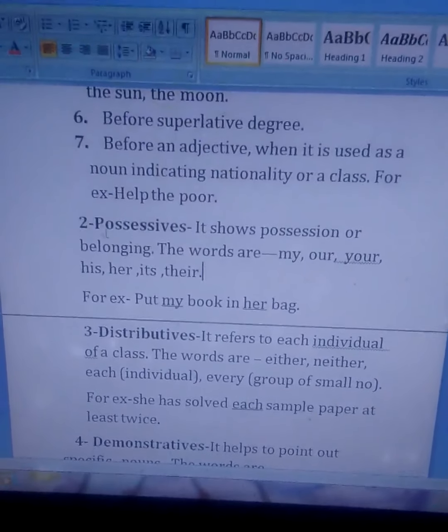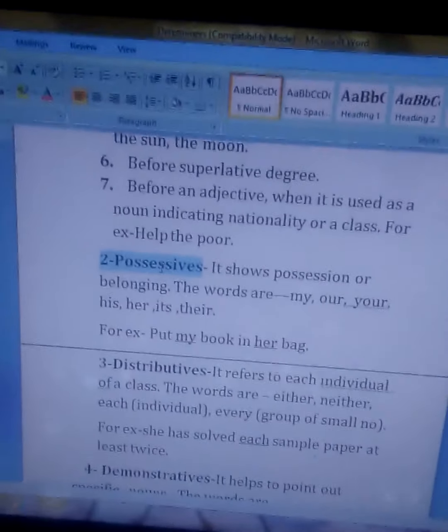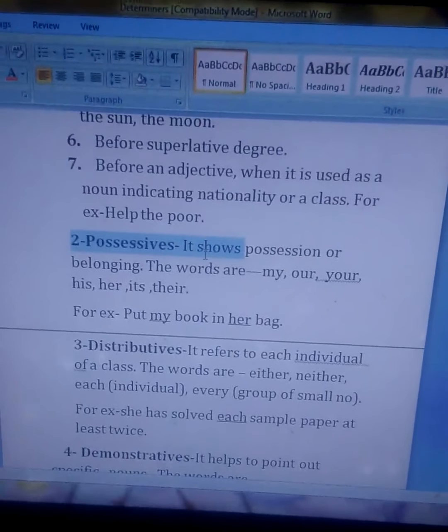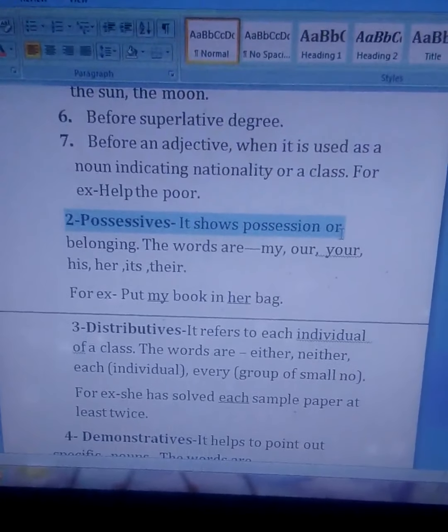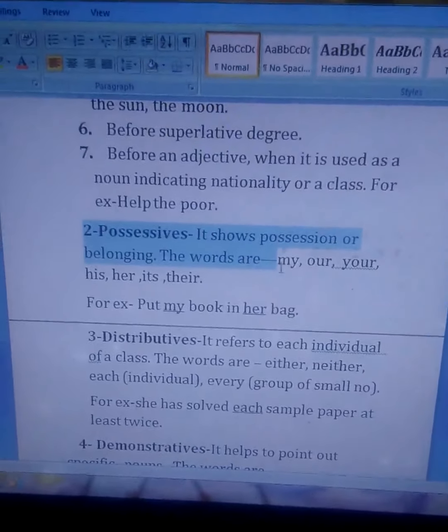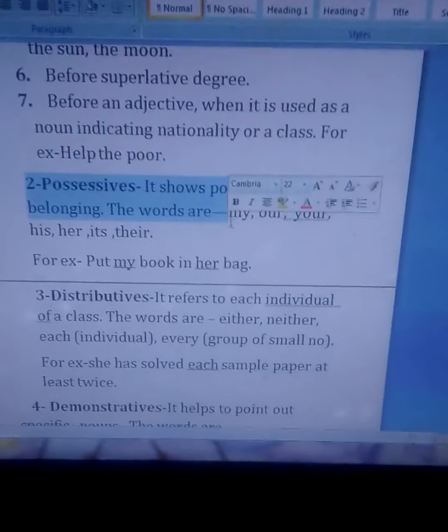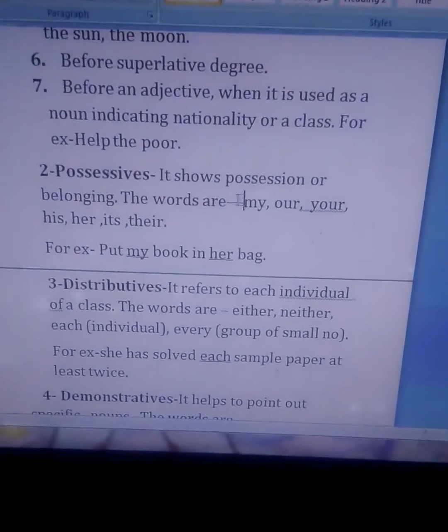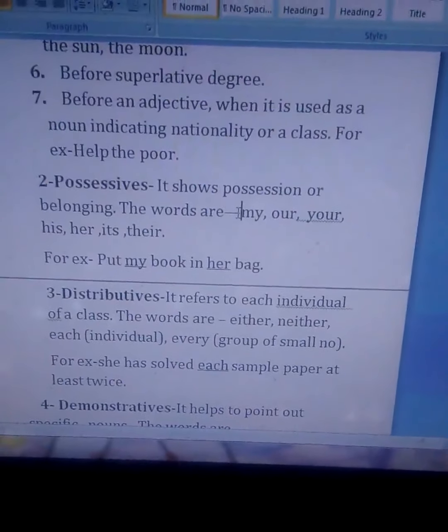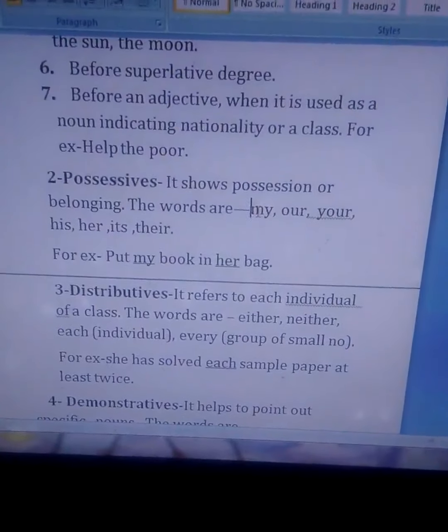Next is possessives. Possessive determiners show possession or belongingness. It means the things which belong to us. That is called possessive determiners.